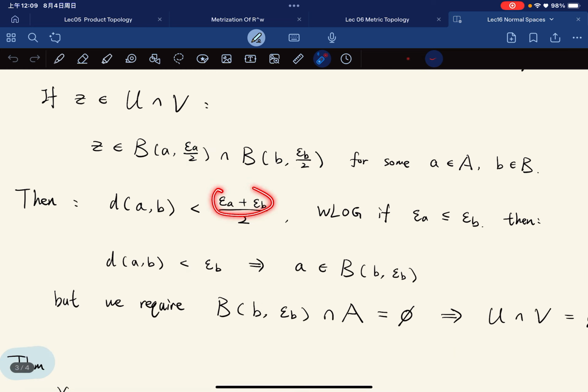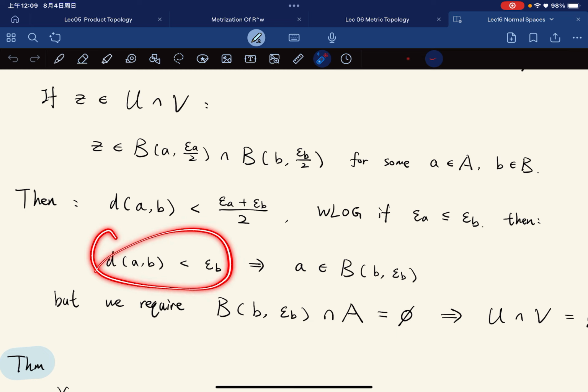And without loss of generality, one of them must be greater than or equal to the other. So suppose epsilon_a is smaller or equal to epsilon_b, then this is less than or equal to (epsilon_b plus epsilon_b)/2, so it's less than epsilon_b.